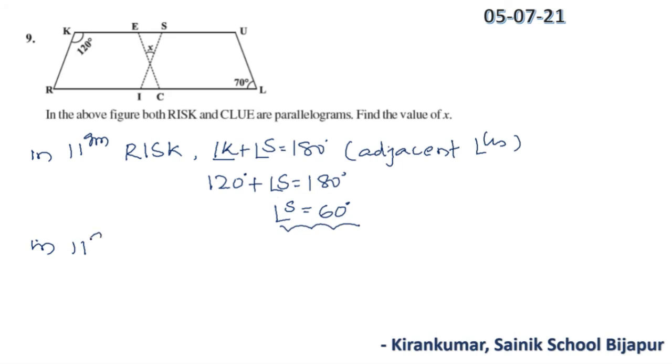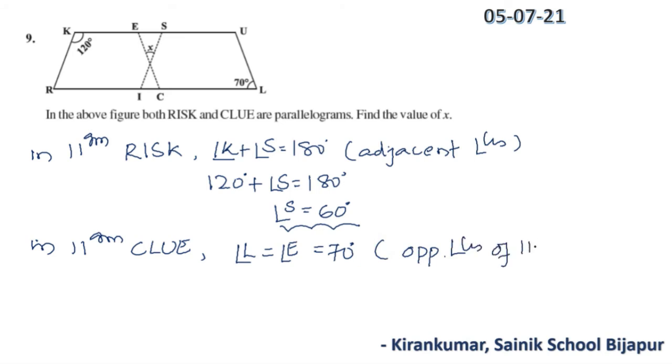In parallelogram CLUE, angle L will be equal to angle E. This will be equal to 70 degrees. The reason is opposite angles of parallelogram are equal. Now, angle S plus angle E plus x will be equal to 180 degree.